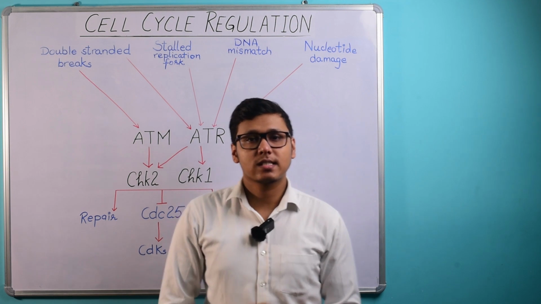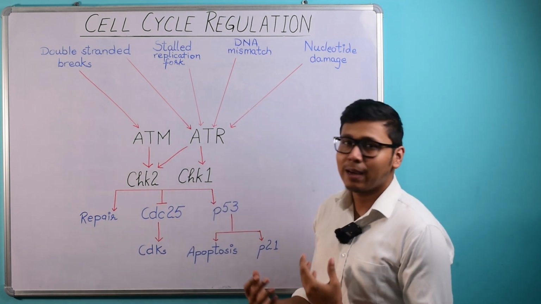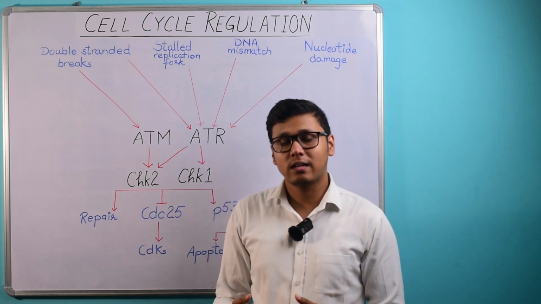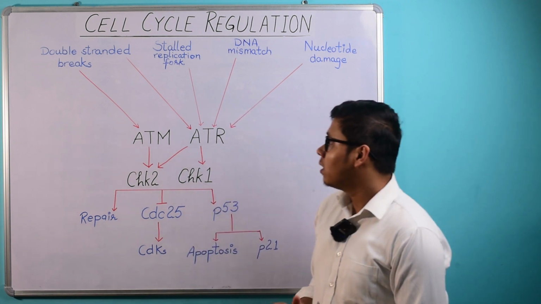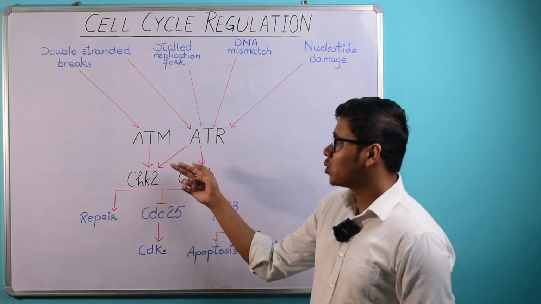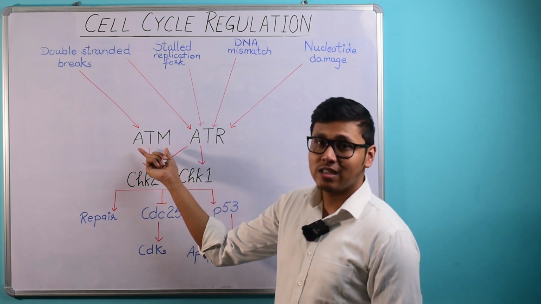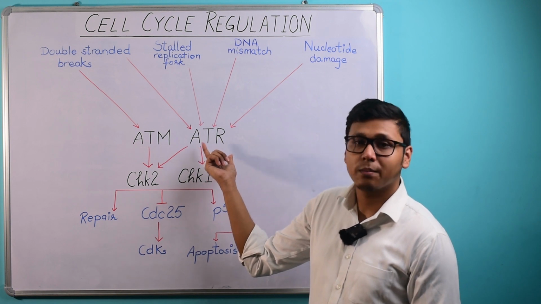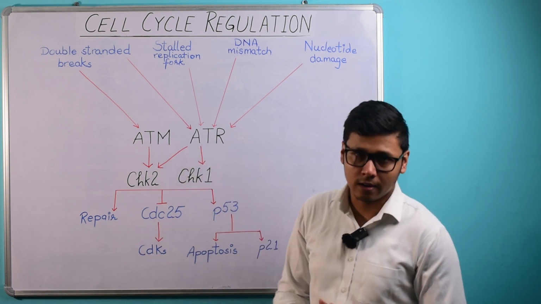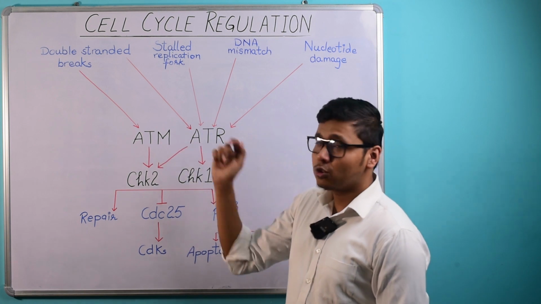Now I want to discuss a checkpoint pathway, or DNA damage response, that is, how a cell responds when DNA damage takes place. So central to this pathway are two proteins known as ataxia telangiectasia mutated, that is ATM, and ataxia telangiectasia and RAD3-related protein, that is ATR. Well, what do these two proteins do?